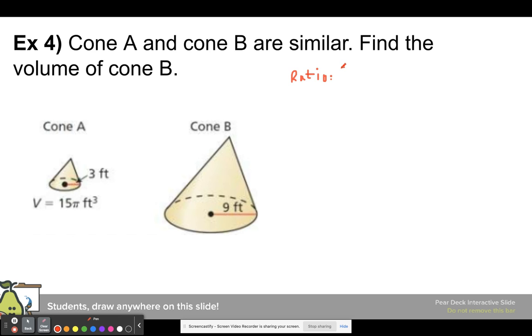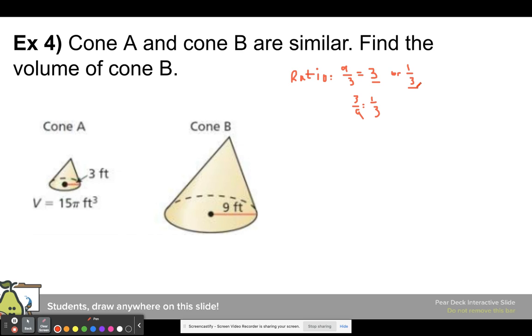So that's going to be 9/3, which is just 3. So our ratio is 3 or 1/3. Because remember, we could have also picked to write it 3/9, which would simplify to 1/3. Okay, so 3 or 1/3.